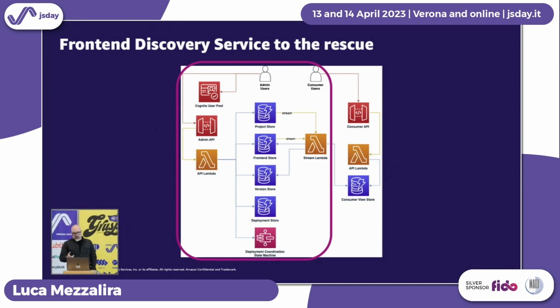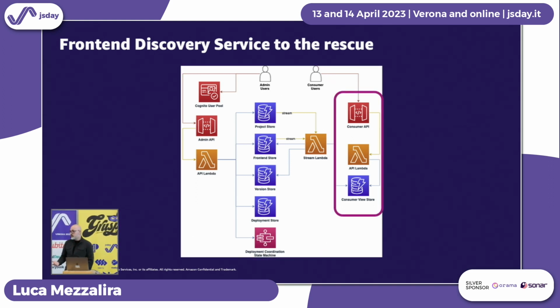Now, the interesting part is that, as you can see, there are multiple DynamoDB tables, the blue icons if you're not familiar with AWS, because we are doing an optimization on the read side to make the response to your request from the front end extremely fast. The table called Consumer View Store is designed so that you can send a bunch of information.